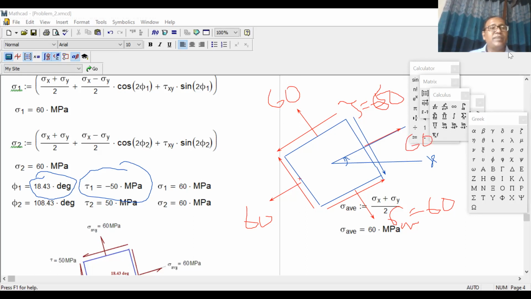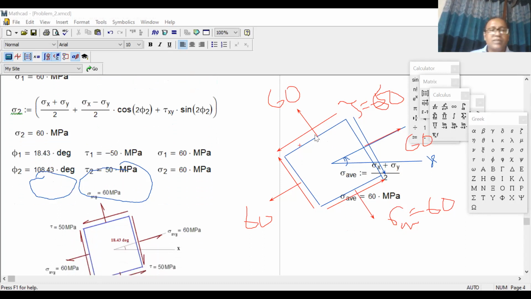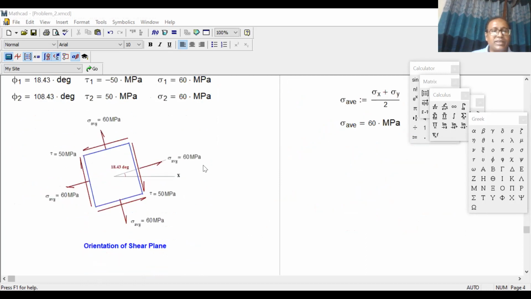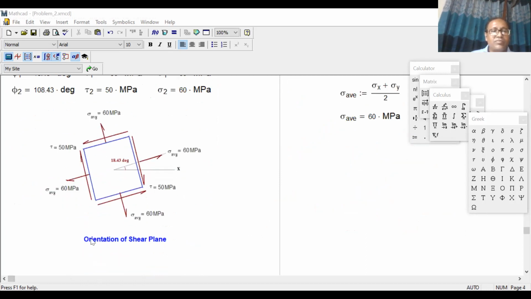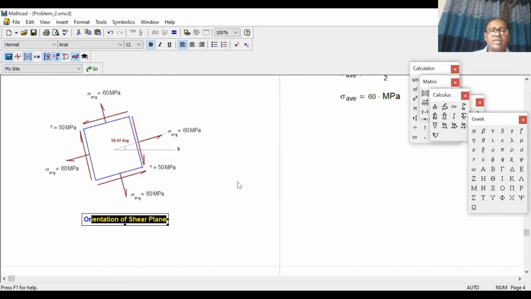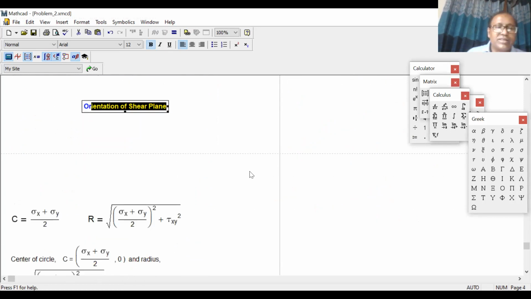Then you say this is a picture for the shear plane element or principal shear stress. You see, it's the orientation of the shear plane. So you see sigma average is equal to 60. This is tau, I put it over here. So this is the orientation of the shear element. So this is your result.